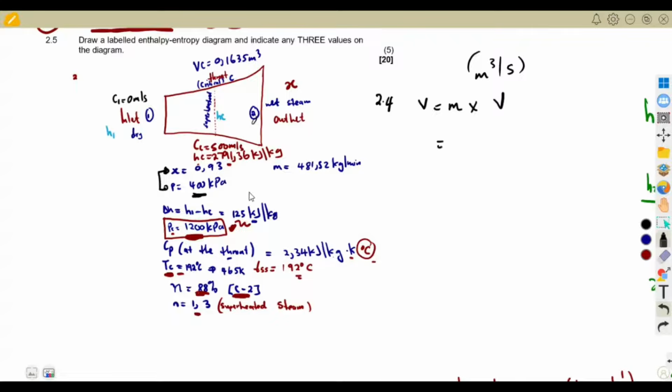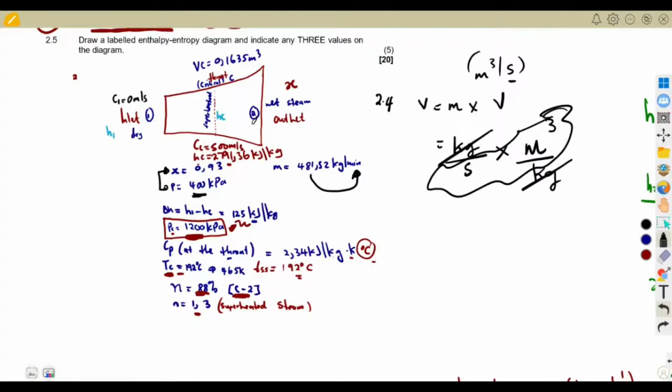Our mass, as it is given here, is kilograms per minute. So in order for us to have per second, we shall have our mass in kilograms per second, times the volume, measured in cubic meters per kilogram. So kilogram and kilogram will cancel, and you remain with cubic meters per second.